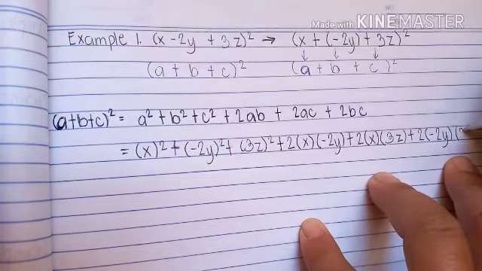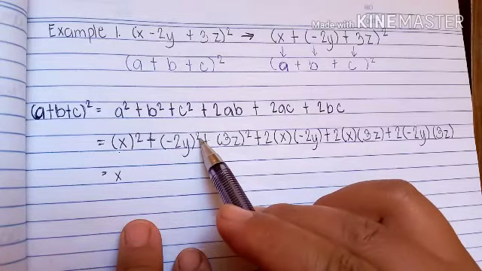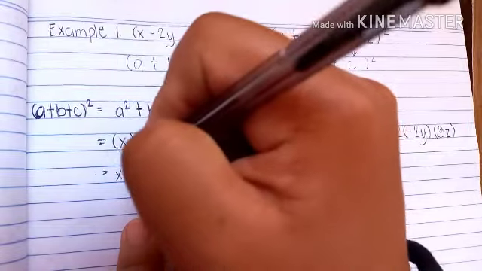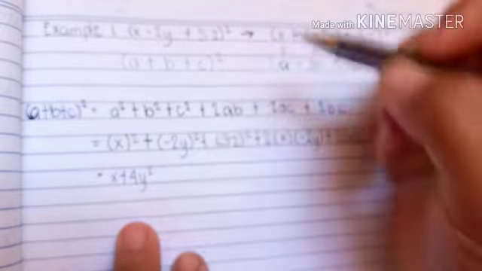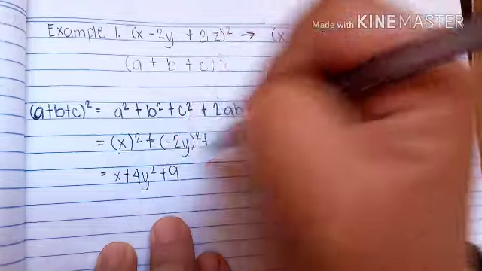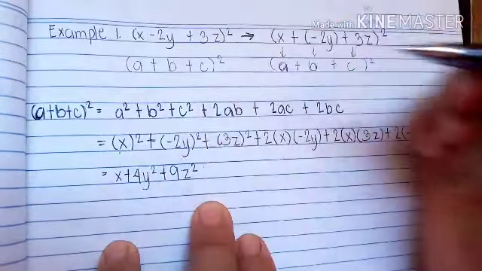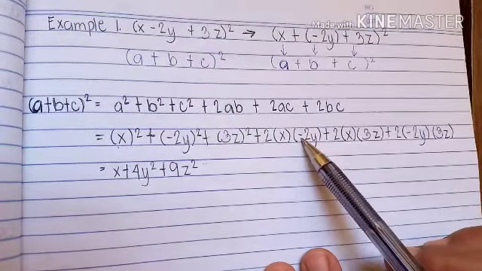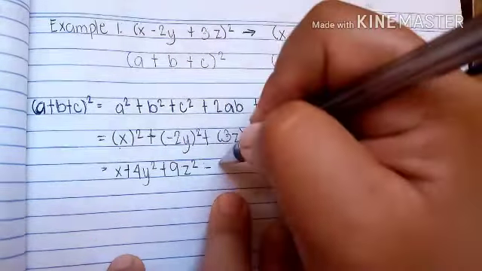multiply by your c, which is 3z. Negative 2 squared is positive 4, and y squared is y squared, plus the square of 3 is 9, z squared is still z squared, plus, or we have here a negative one. So you have to be careful. We have 2 times negative 2, that is negative 4.